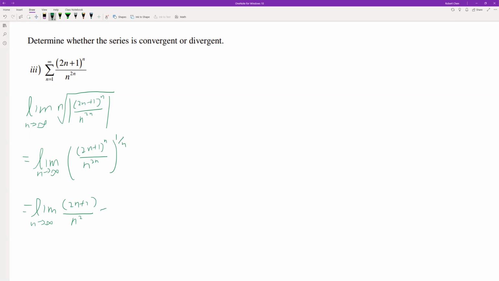When we take the limit as n approaches infinity, n squared in the denominator grows faster than the numerator, so that will go to 0. Therefore, it's less than 1, so we say it's absolutely convergent by the root test.